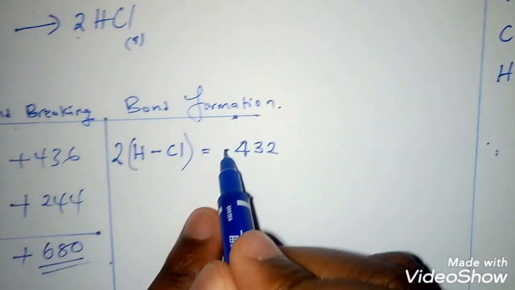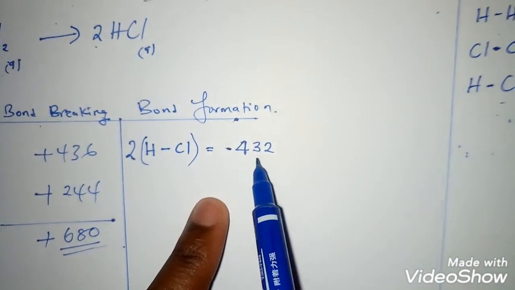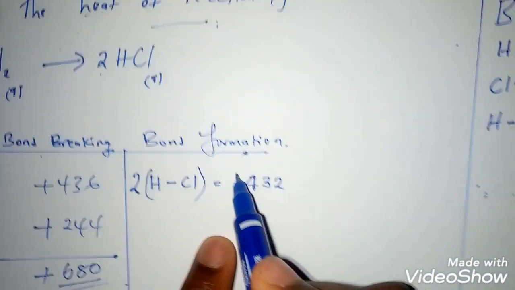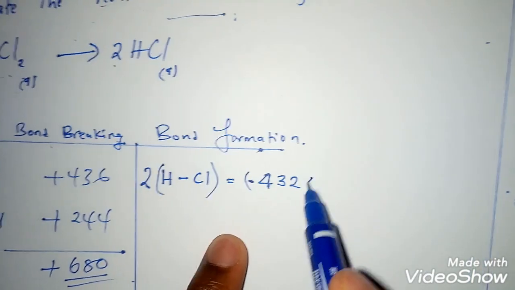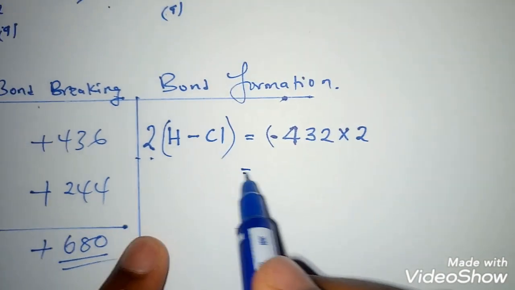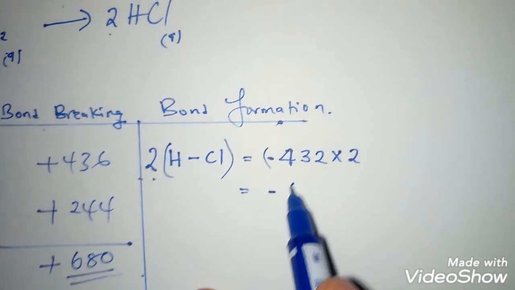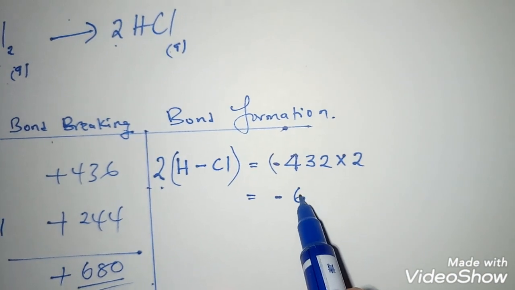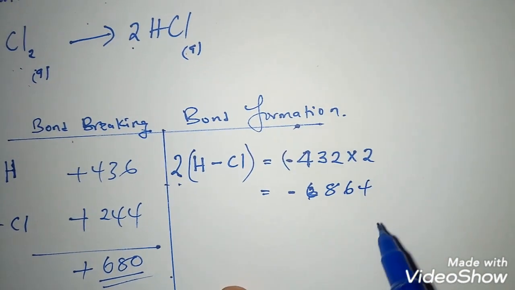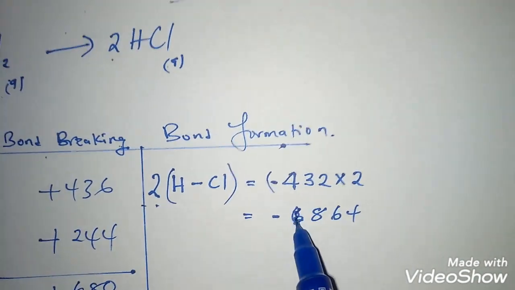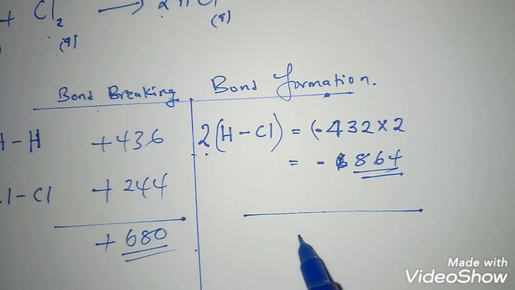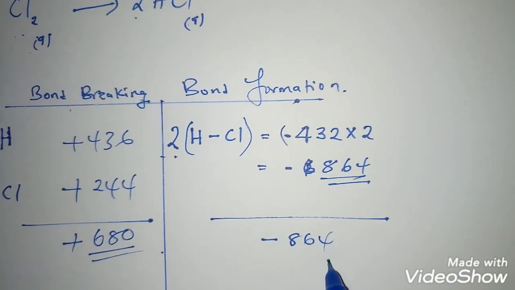So ours will be negative 432. You give it a negative sign because energy is being released, and then you multiply that by 2 because there are 2. Therefore it gives you negative 600, no, not 600, sorry, negative 864 kilojoules. So the total energy released is negative 864.